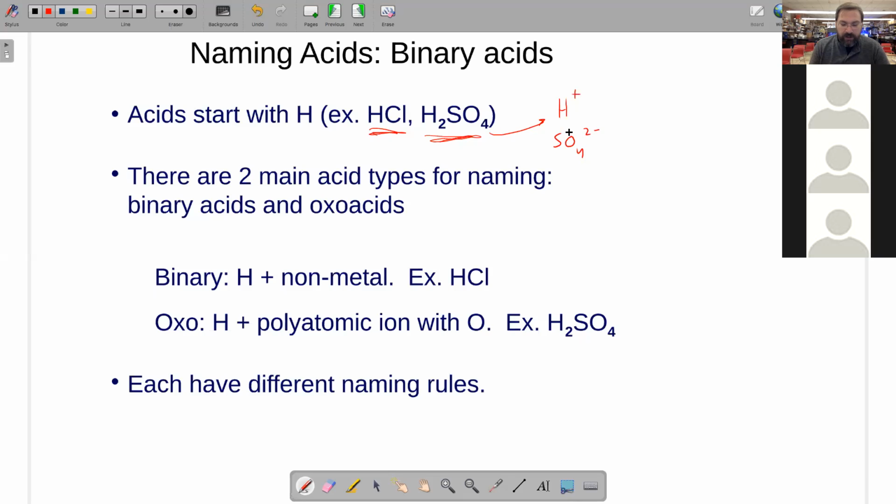Whenever that compound is named as a solid, liquid, or gas, it has the name from the hydrogen and the SO4 from the polyatomic ion chart. But whenever you name it as an acid, its name is different.